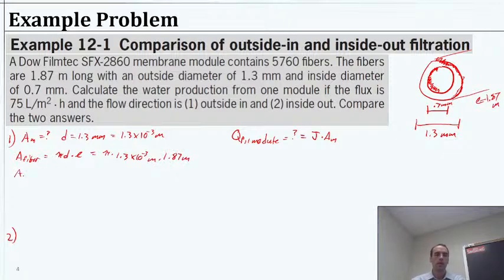So the area of the module then would be pi times diameter times length times 5,760. So we'll go ahead and pull up Excel to do this calculation real quick.